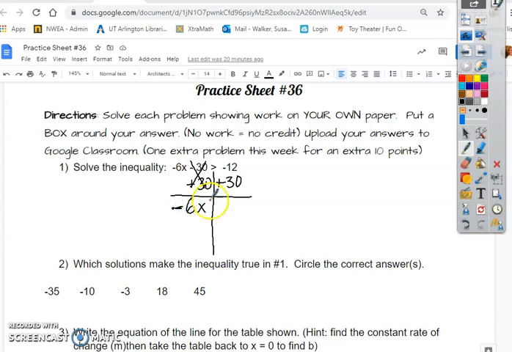Now this is where we generally make our mistake. So I want you to try to get an answer before I walk you through it. What do you think negative 12 plus 30 is?